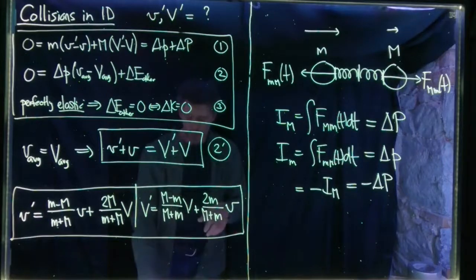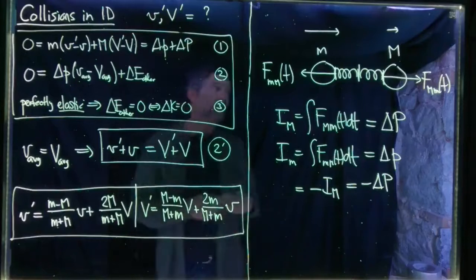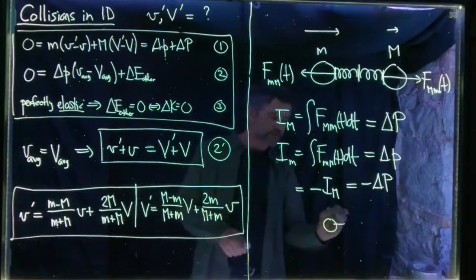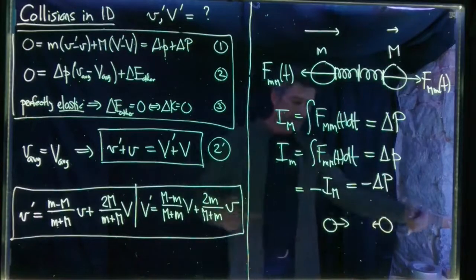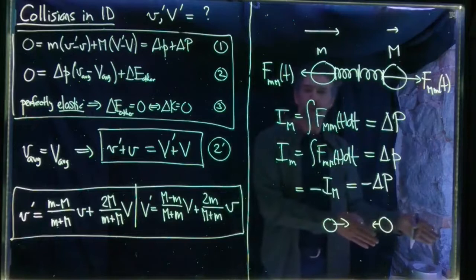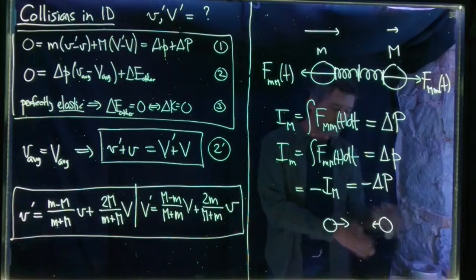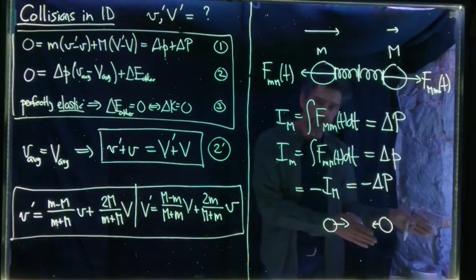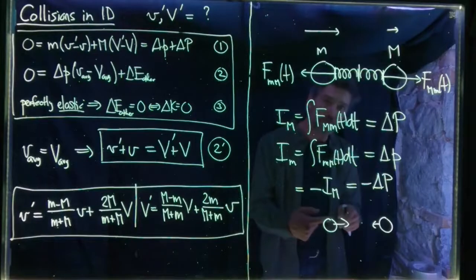Okay, so remember that if you have any kind of collision, so suppose you've got some object moving to the right, and you've got some object moving to the left, and they're coming together, you can always move to a new frame of reference that is moving exactly as fast, you can always run to catch up with this mass, so that this mass appears to you to be at rest. And this mass appears to you to be moving faster toward you.